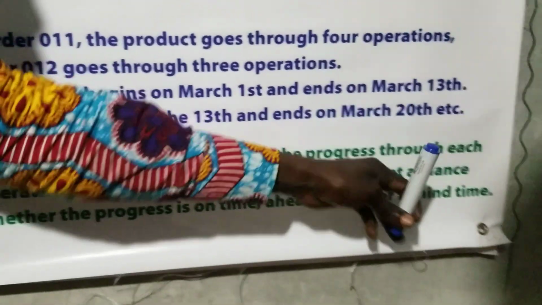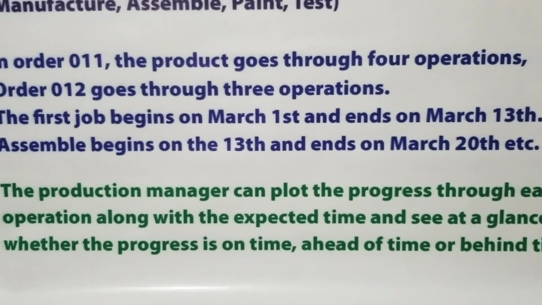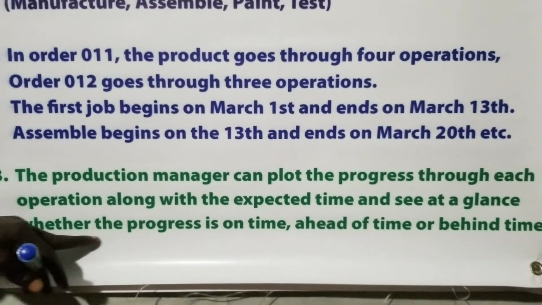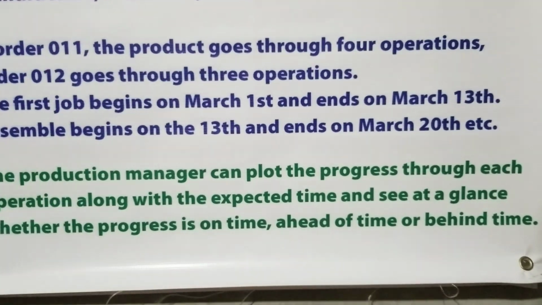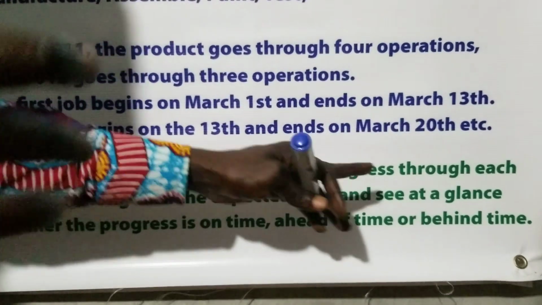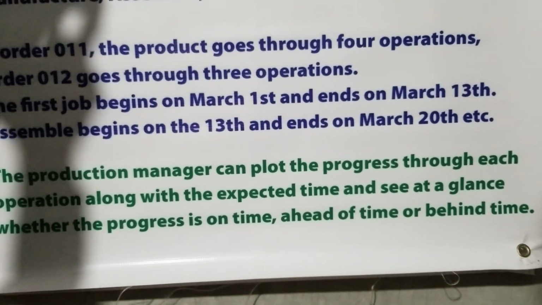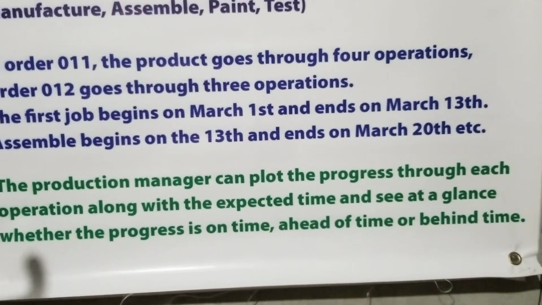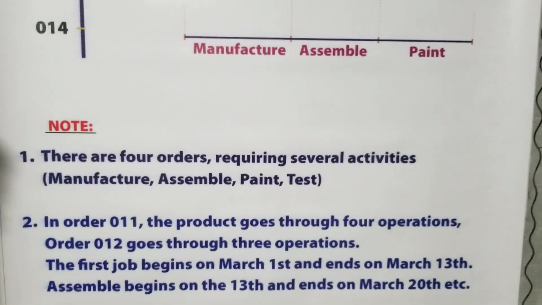So you understand what is meant by to see something at a glance. So see at a glance whether the progress is on time. That's number 1. Ahead of time or behind time. And if you are behind time, then the necessary corrective measures will be taken. So that is for the Gantt chart.